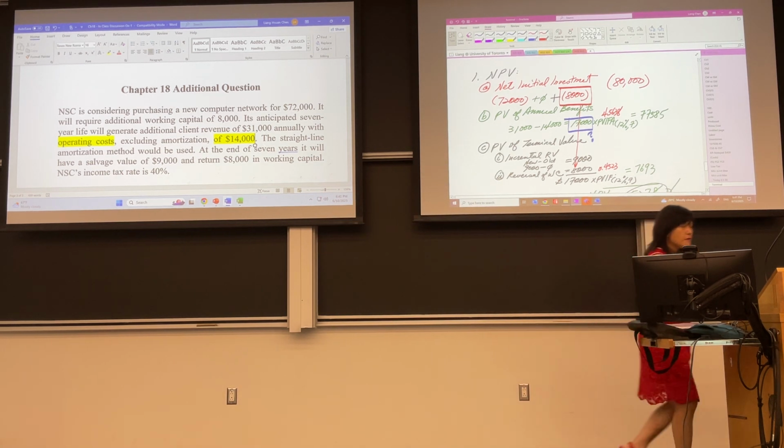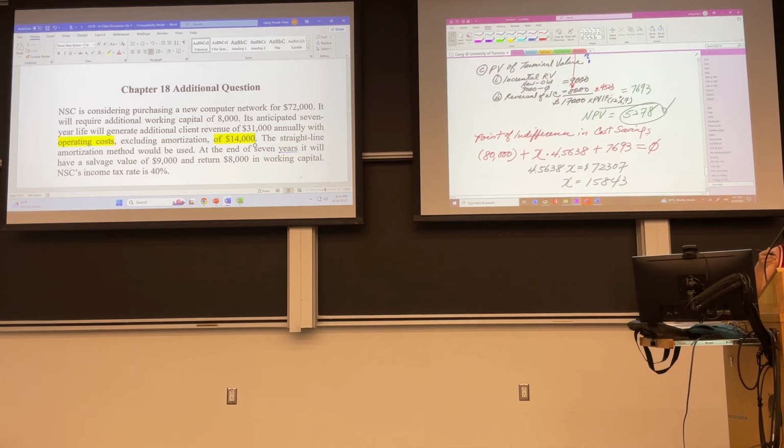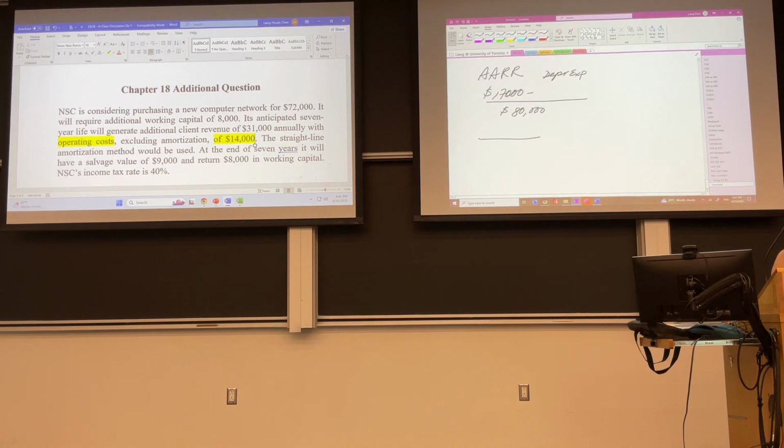So be very careful. It's not the cost you take out to depreciate, it's the asset you're going to depreciate. Okay? So 72,000 minus residual value 9,000 is 63,000. How many years? 7 years, which means each year I need to depreciate $9,000.